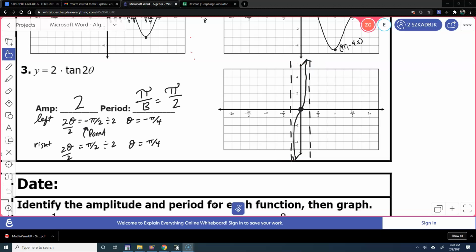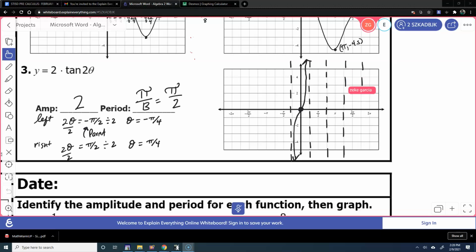And what's going to happen is this is going to repeat every pi over 2. For example, we have here pi over 4, so the next asymptote will be right here. The next asymptote will be right here.